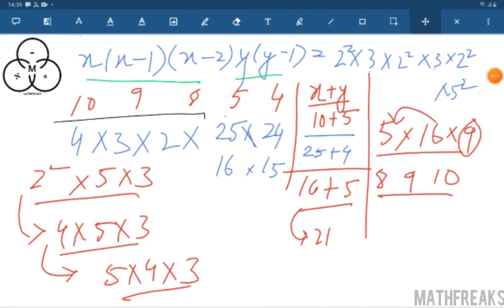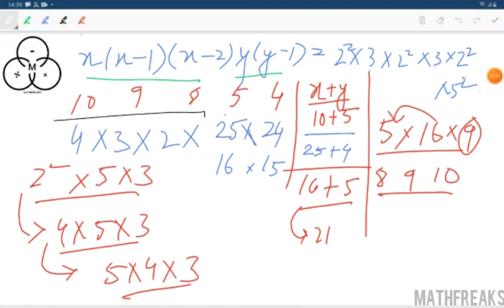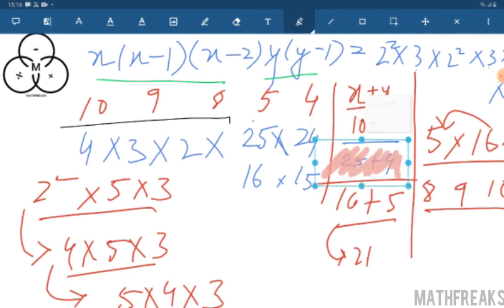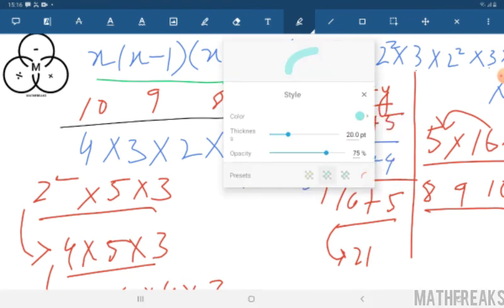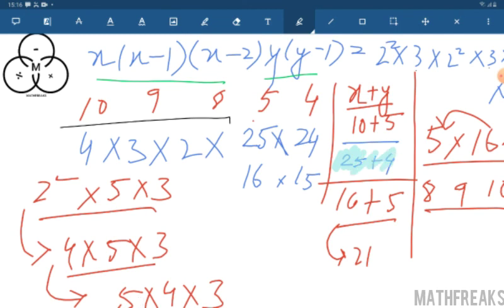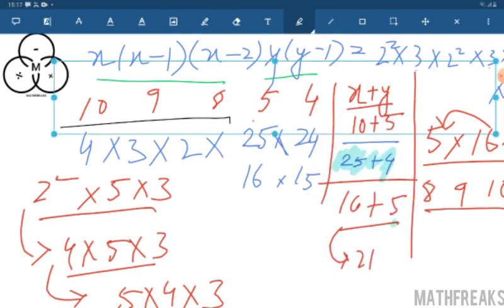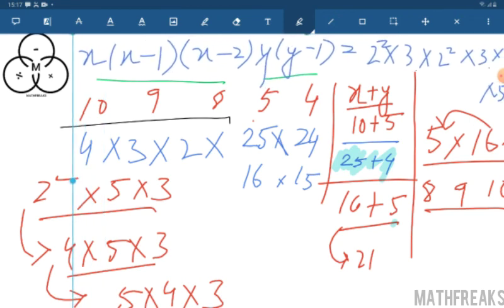So the answer is 29 because 25 plus 4 equals 29, which is the maximum value of x plus y. So it is solved. The maximum value we are getting is only from this pair, 25 plus 4. Others, what you see? This is 21.